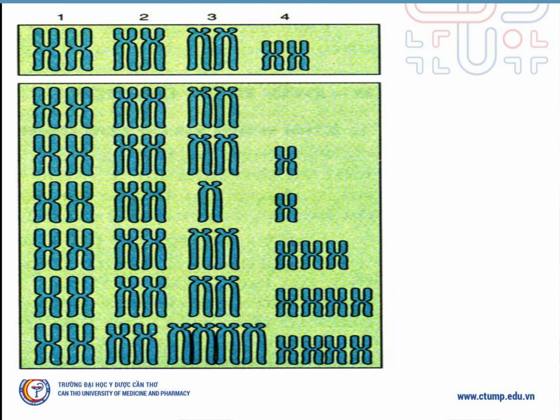Tetrasomy. And so one more case, if you still remember, besides nullisomy, monosomy, trisomy, tetrasomy, is mosaicism.